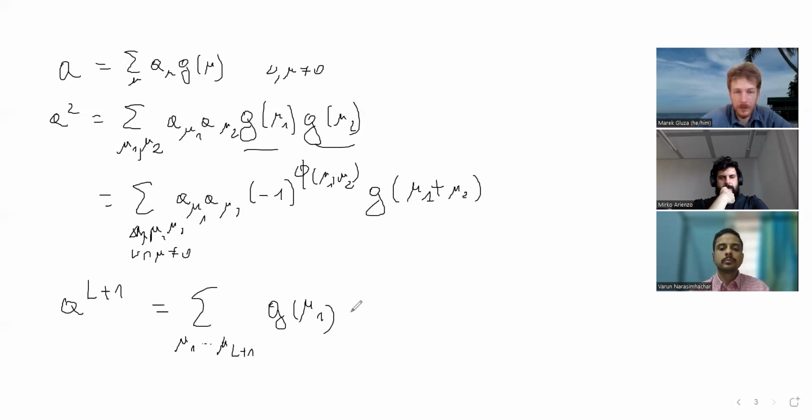Okay, so now I have a multiplication of g mu1 mu2, sorry, until g mu, and the point is that this is L plus 1. So as long as all of them are non-trivial, then they drop out. So if I write it here, mu should be non-zero.